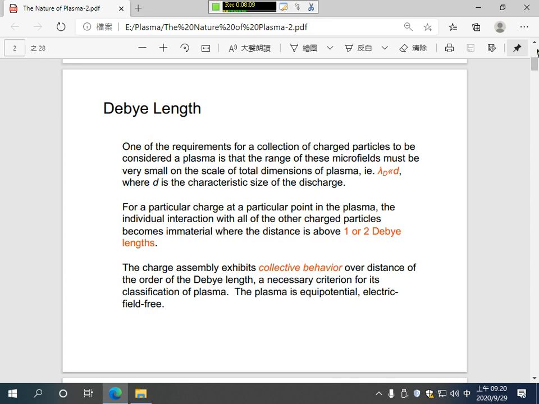If the length is larger than one or two Debye lengths, the interaction is not important, so it becomes immaterial. But if the length scale is smaller than one or two Debye lengths, the charged particles start to attract or repel each other. So if we study plasma at a large scale, we can just focus on their collective behavior.